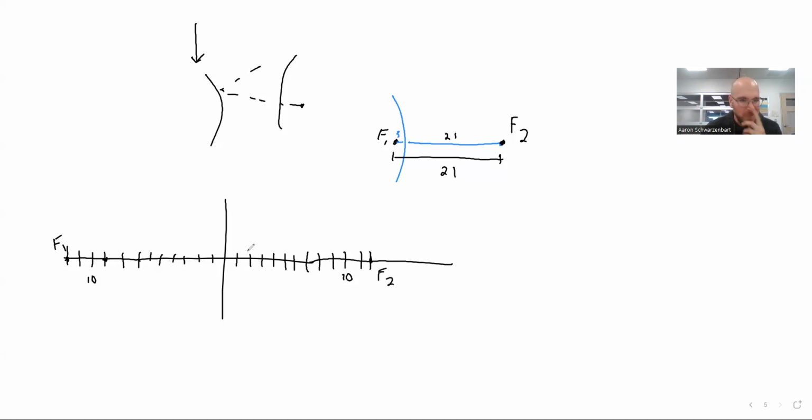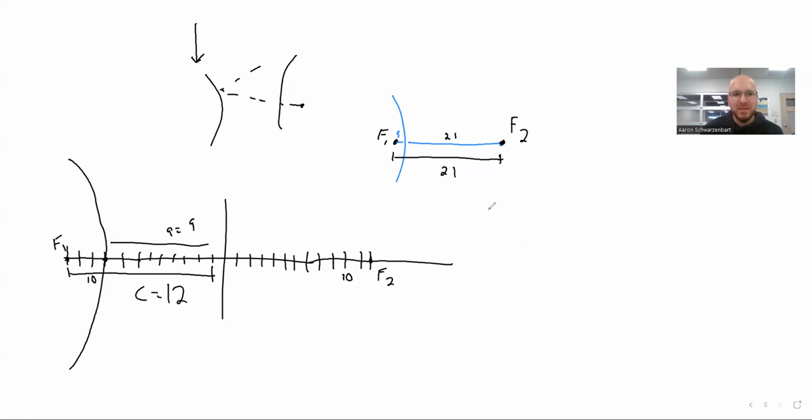That should also be 12. This here is my hyperbola. So a equals 9, c equals 12. And I know it's horizontal, so 12 squared equals 9 squared plus b squared. 144 equals 81 plus b squared. Subtract 81 from both sides, and I get 63 equals b squared.